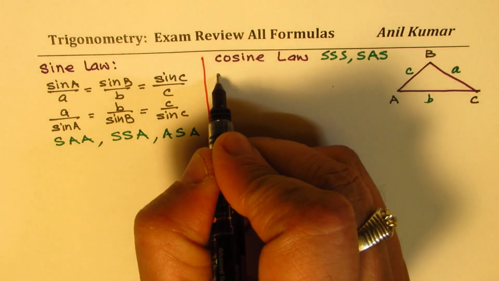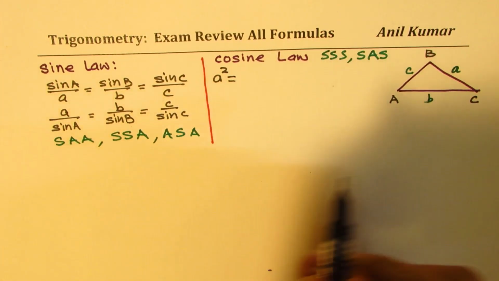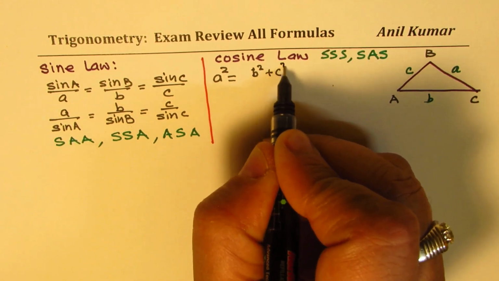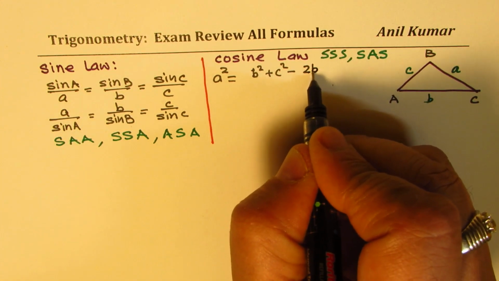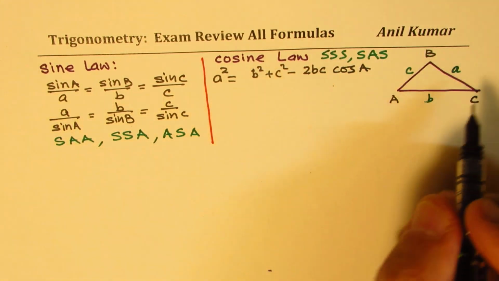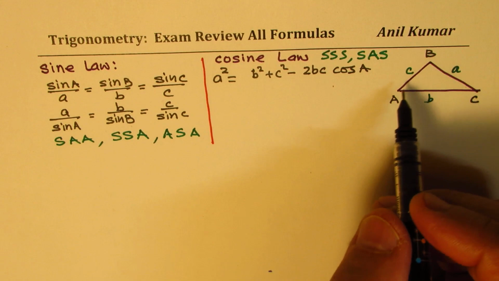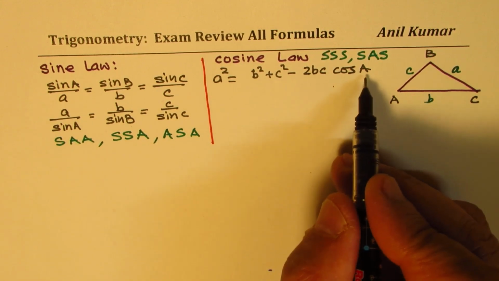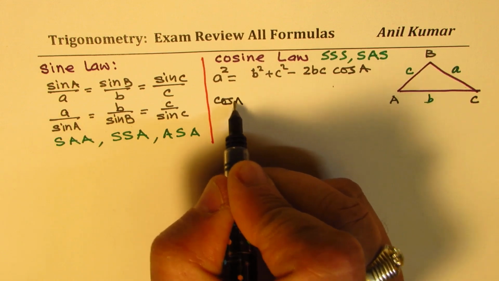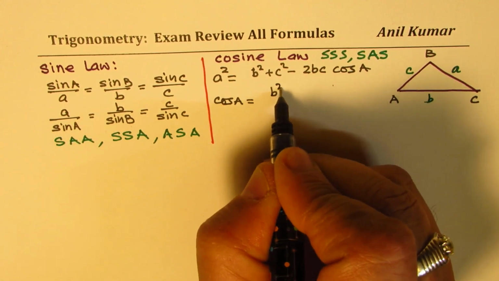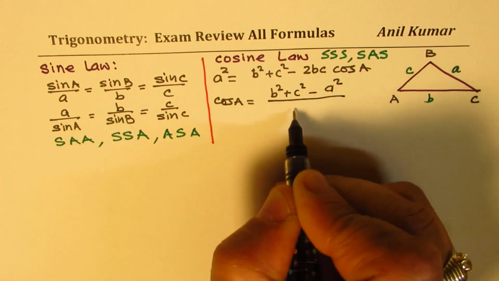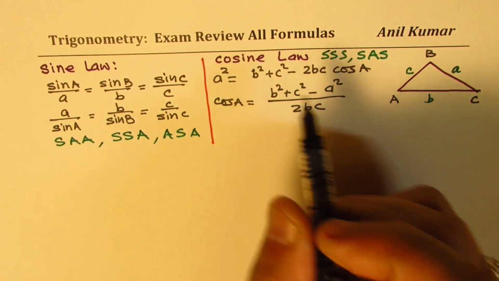So let's write down those formulas. One is a square equals b square plus c square minus 2bc cos A. That is how you can find the missing side. And if you want to find the angle, it has to be rearranged, right? So you could say cos A equals b square plus c square minus a square divided by 2bc.